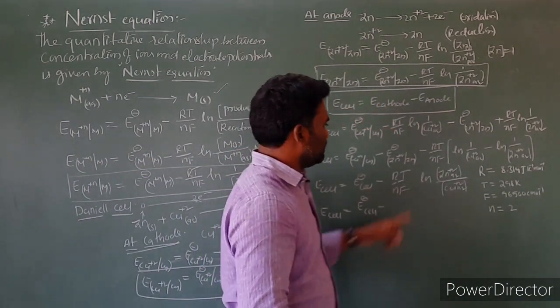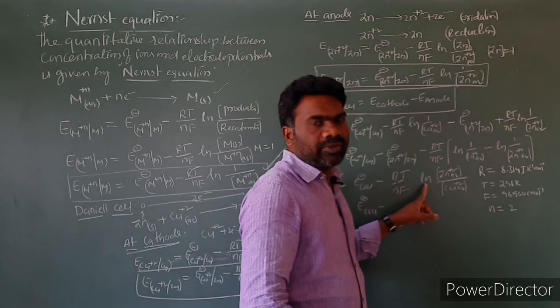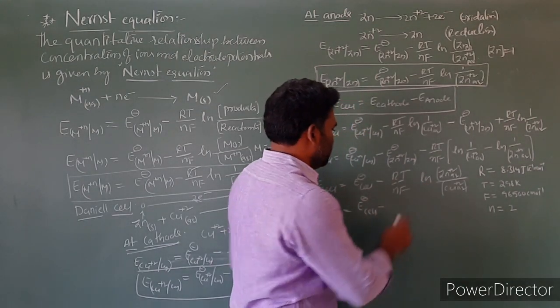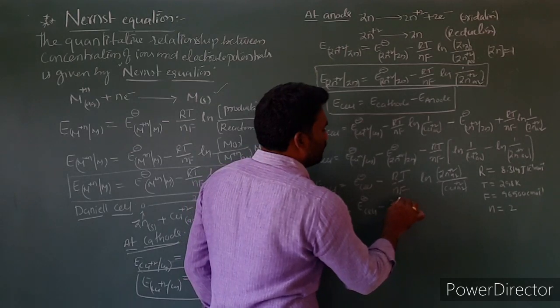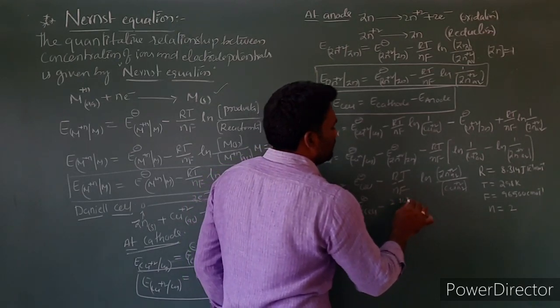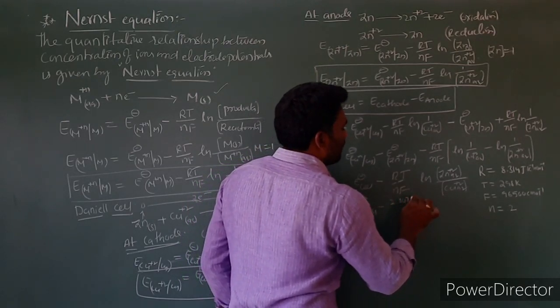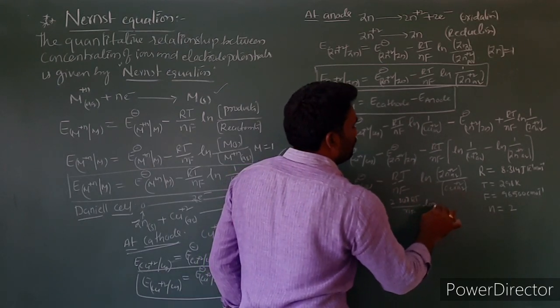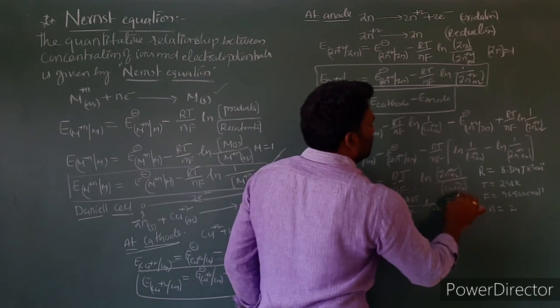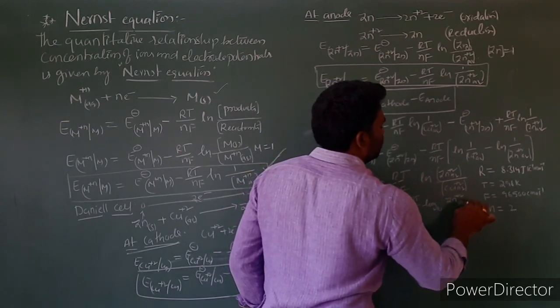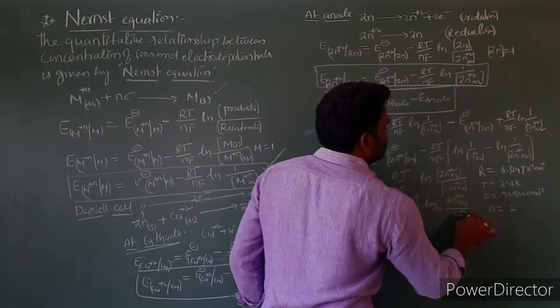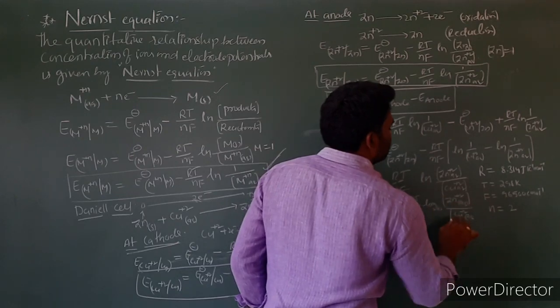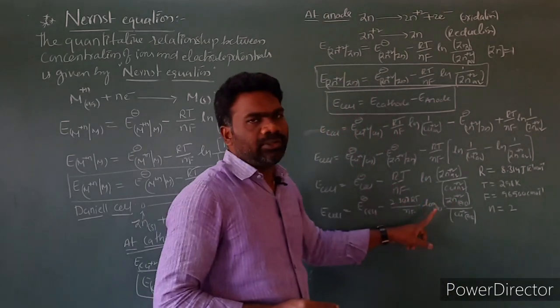Then here ln is the natural logarithm. We have to convert it into common logarithm. Then we can write 2.303 RT by NF log base 10 of Zn2+ aqueous form by Cu2+ in aqueous state. So natural logarithm is converted into common logarithm.